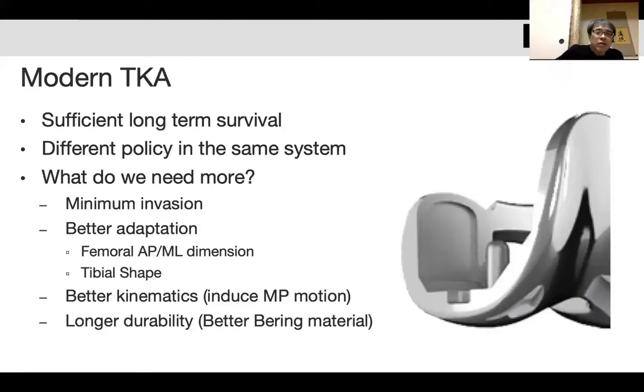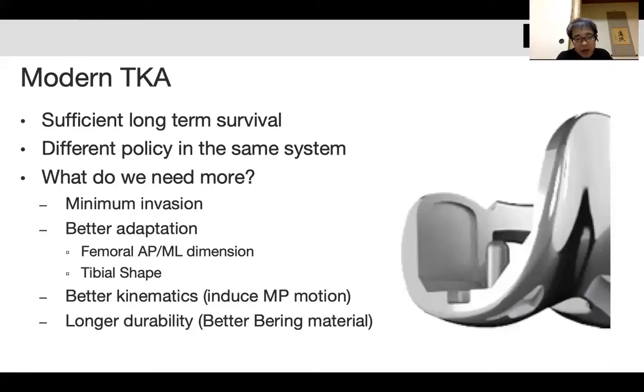So what do we need more? Minimum invasion, because TKA is very, very invasive. After TKA the patient has very severe pain and swelling, so minimizing the invasion is very important.